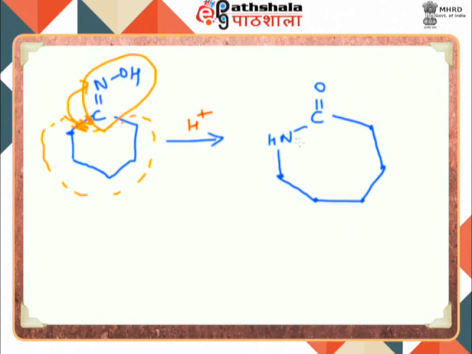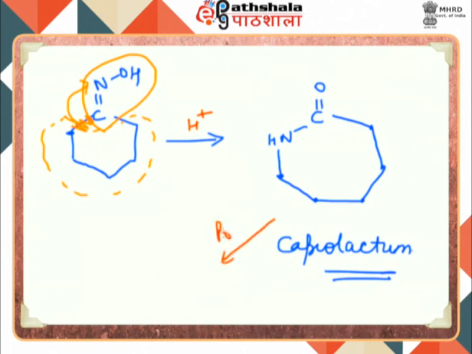As a result you get this 7-member cyclic ring, which is caprolactam. So this is also an application of the Beckmann rearrangement, and you are already aware that caprolactam is very useful. On further polymerization it yields nylon 6 as the polymer.